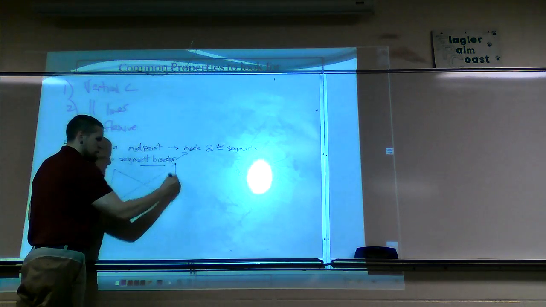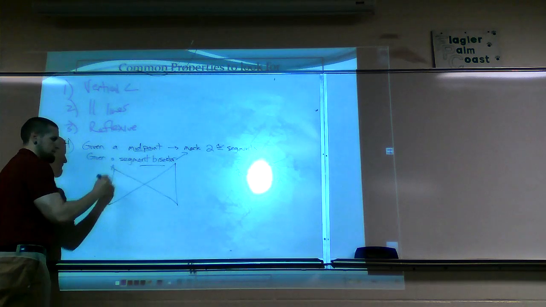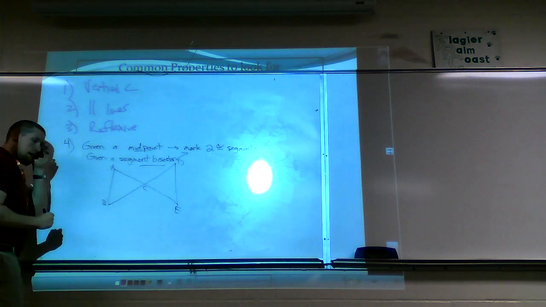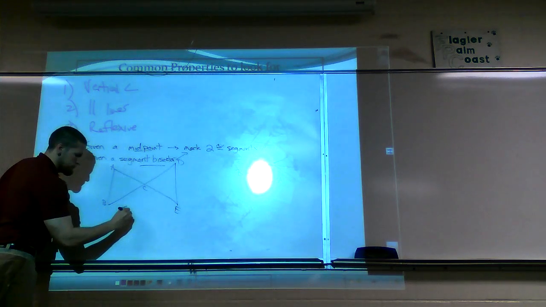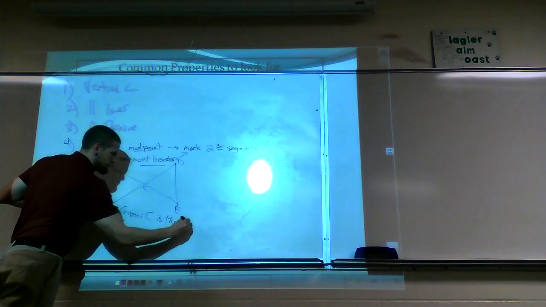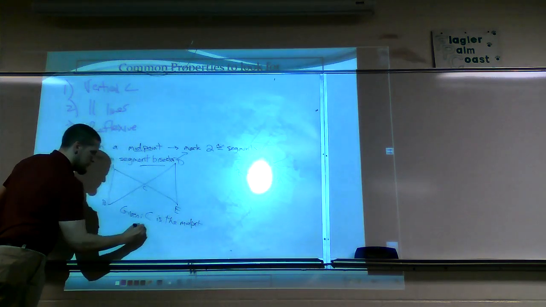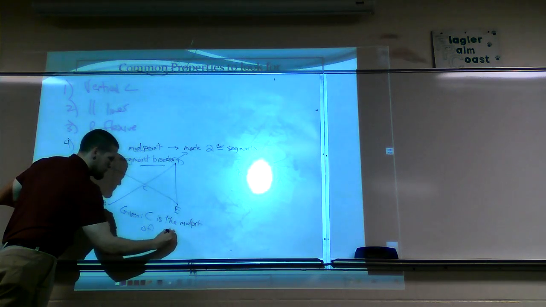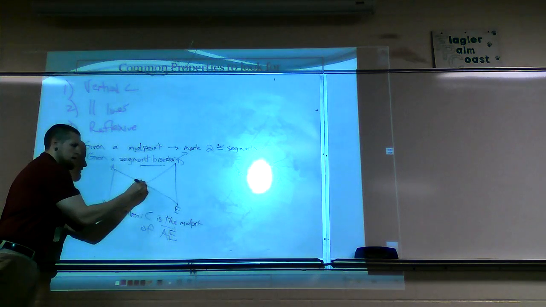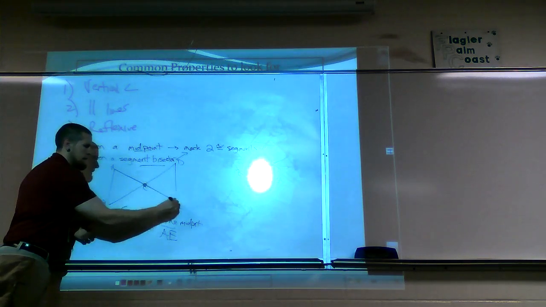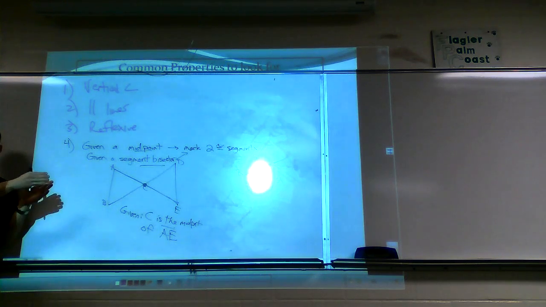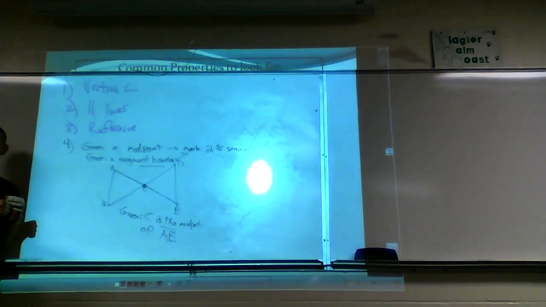For most cases, you'll probably see them in pictures like this. If I had given C is the midpoint of that segment right there, which two segments would have to be equal to each other?